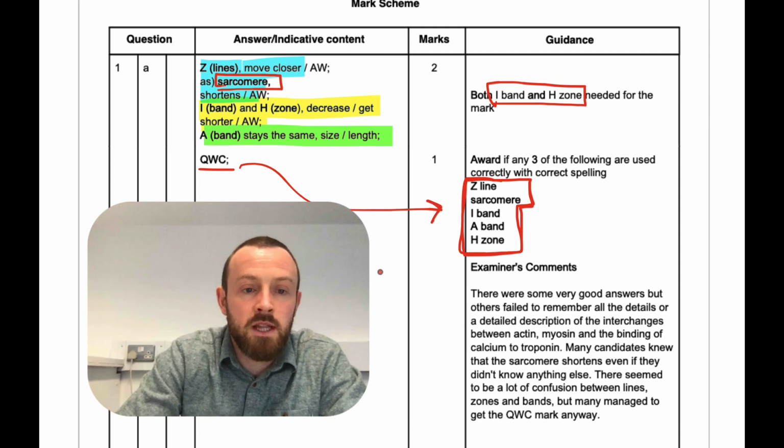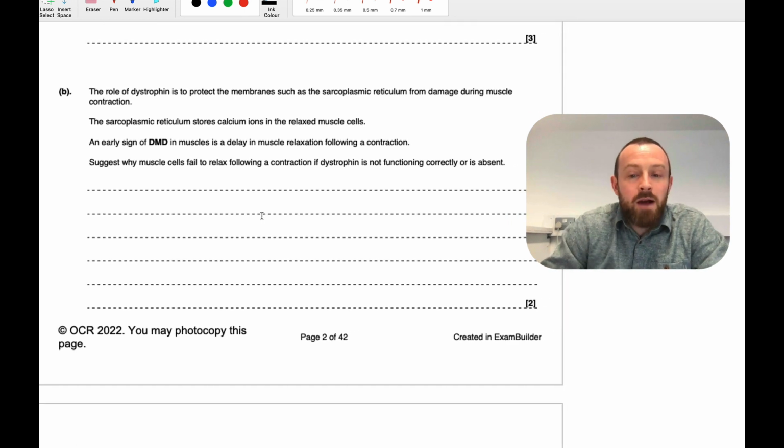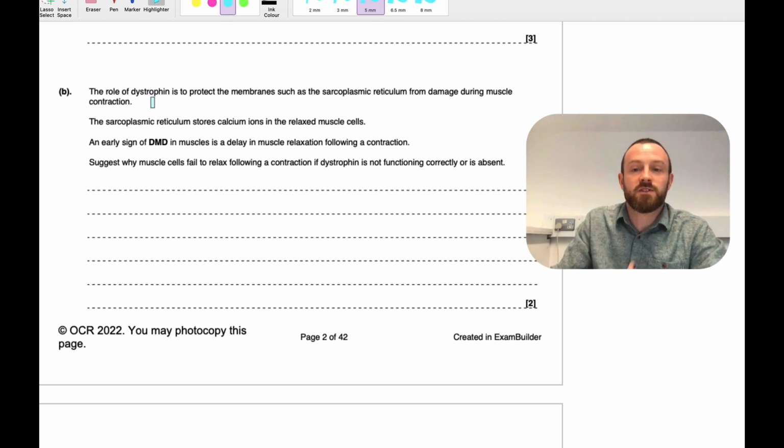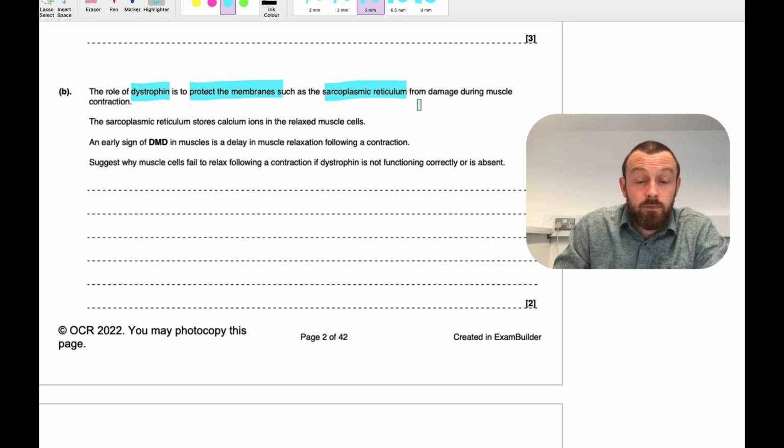Okay, let's move on. So the next question is about how calcium regulates this process, and it talks about dystrophin. So this is one of those application questions where you get some new information. It says dystrophin is a protein that protects the membranes such as the sarcoplasmic reticulum.